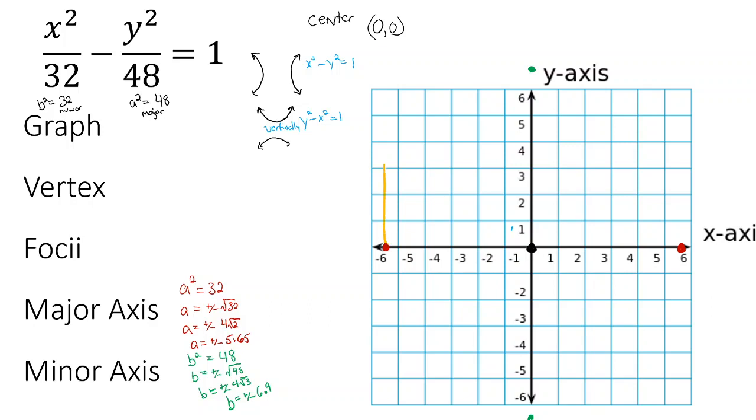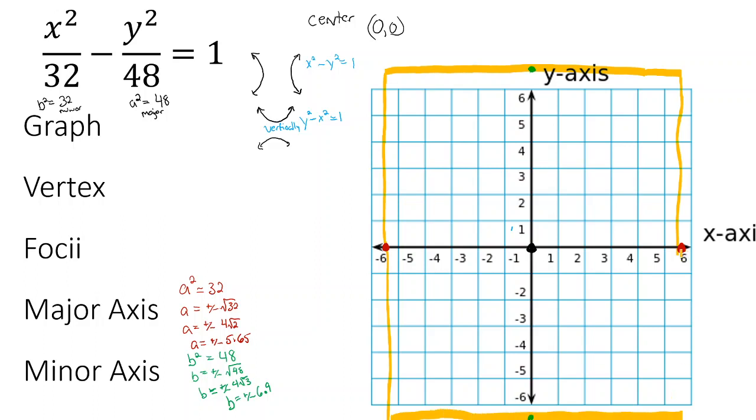I'm going to go up and then perpendicular to my axis and then over, perpendicular to my axis. Oops, I switched A and B, but actually in a hyperbola, that hasn't really hurt anything that I've done. You can switch the major and minor axis in this case on a hyperbola. Okay, so that creates that box that you saw on that other slide.